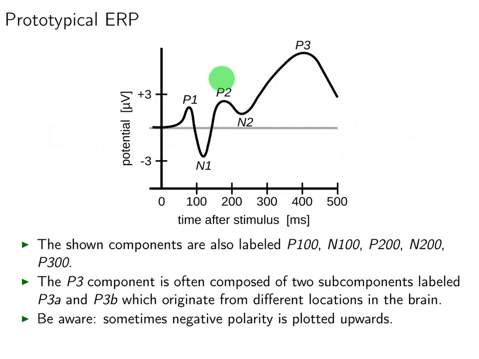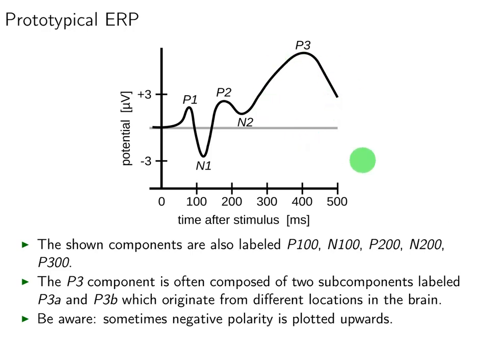An ERP waveform is typically composed of several ERP components. This is an example of an ERP: P1, N1, P2, N2, P3, each of which is related to a positive or negative voltage deflection. As you can see, the ERP components typically have a label that starts with the letter P or N, which indicates the polarity of the deflection.